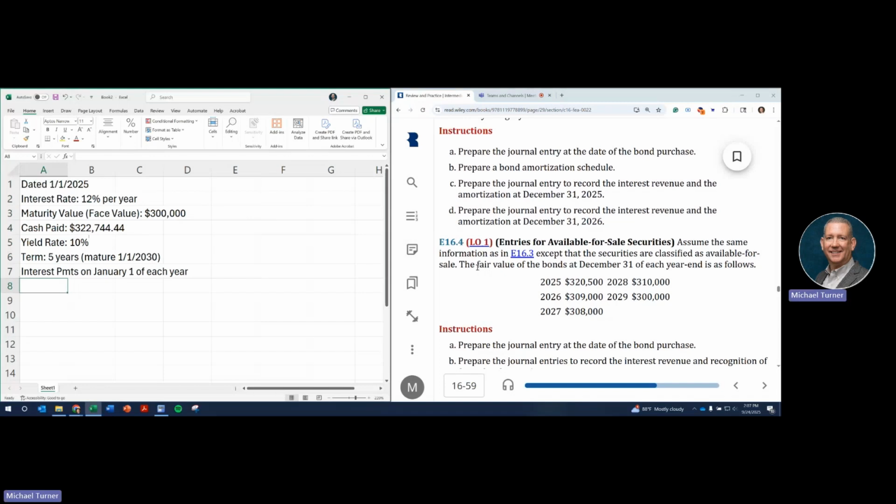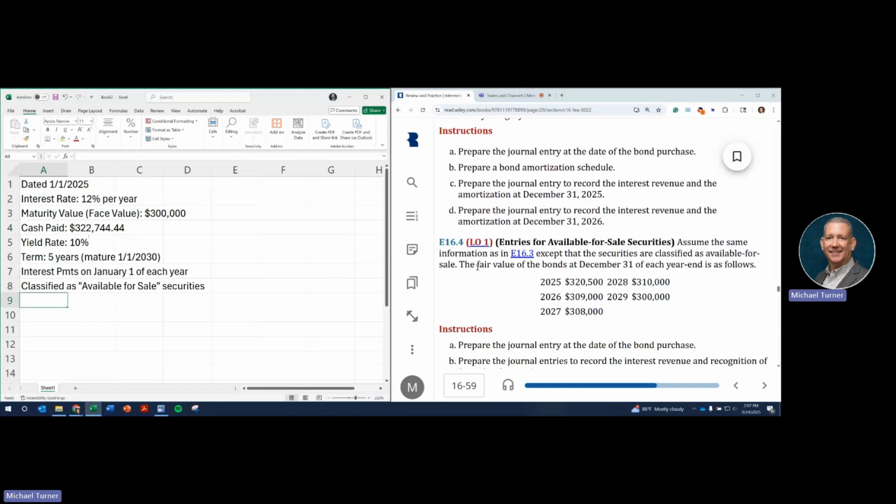They're 5-year bonds, and they're going to mature in 5 years on January 1st, 2030. And we're going to receive interest payments on January 1st of each year. And the problem says we're going to classify these as available for sale. And then we have some fair value of the bonds at December 31st of each year as follows.